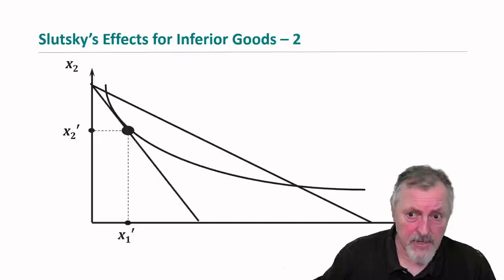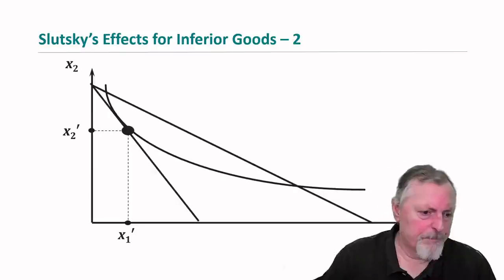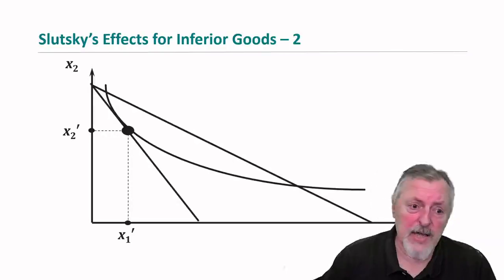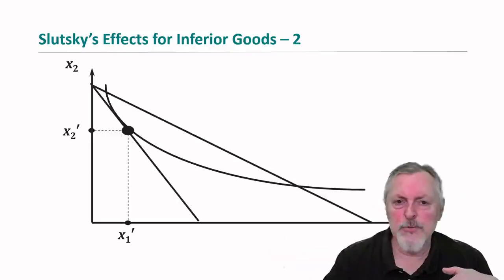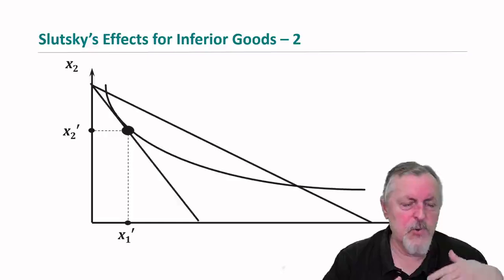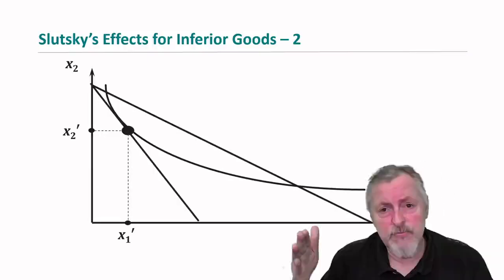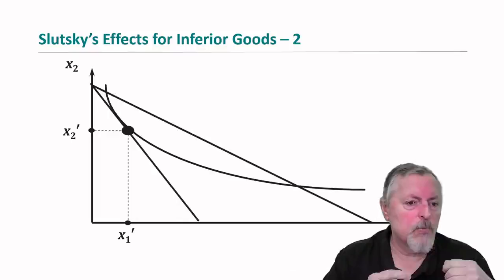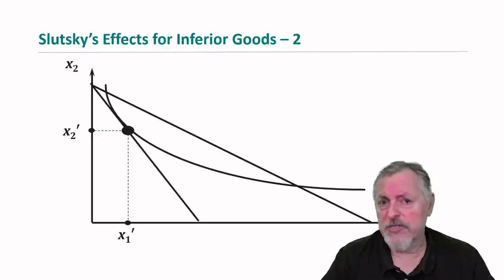In the Hicks decomposition, it's just the same, except instead of moving the new budget line back, the question is, how far back do you move the budget line to fully remove the income effect? In Slutsky, you move it back until the old bundle is just affordable. That's nice because, well, you know what the old bundle was. You can observe purchasing decisions.